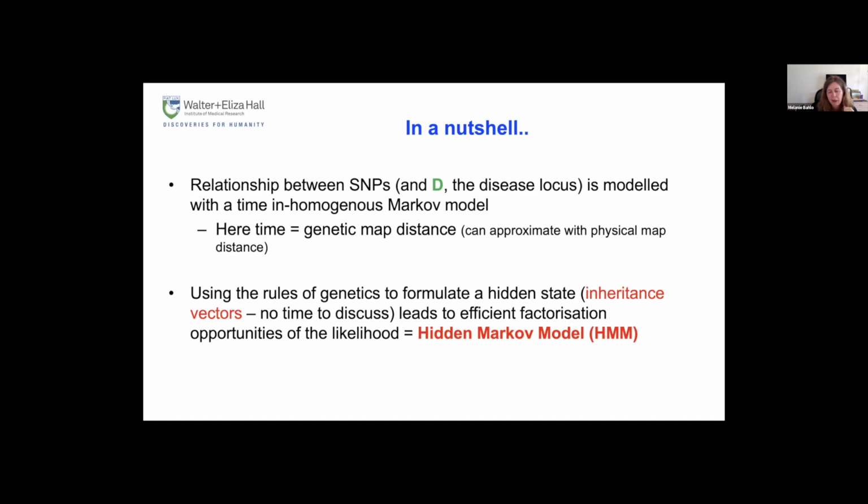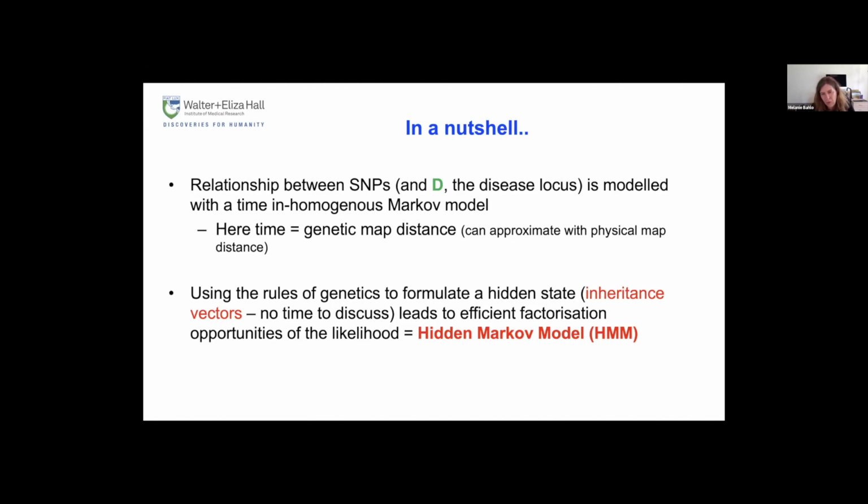In this case, these are really indicators of the status of recombination events that have happened in the pedigree, which I don't have time to discuss in detail. Utilizing the rules of genetics and this hidden state leads you to be able to efficiently factorize the likelihood. And all of this is embedded in a framework that's now very well known as a hidden Markov model.